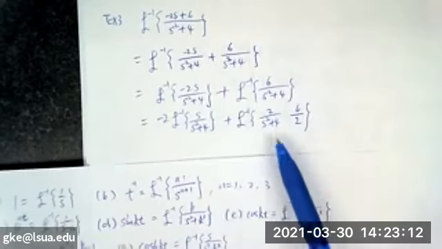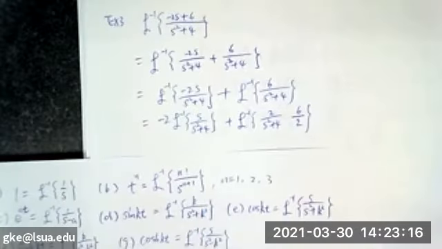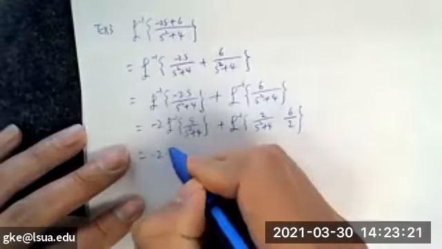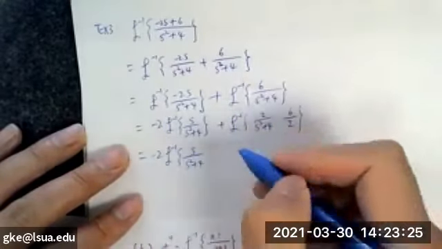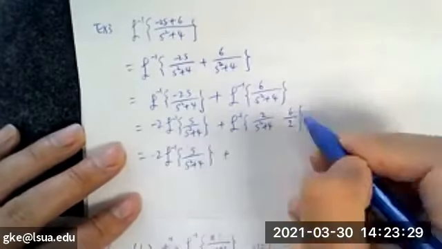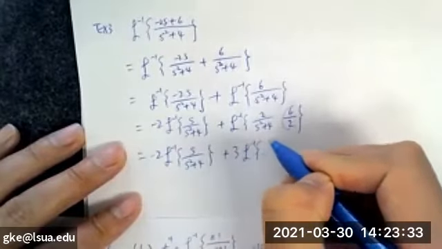K is 2, so you put 2 in the numerator. Here's a 6 divided by 2, that's 3. You can put 3 outside.